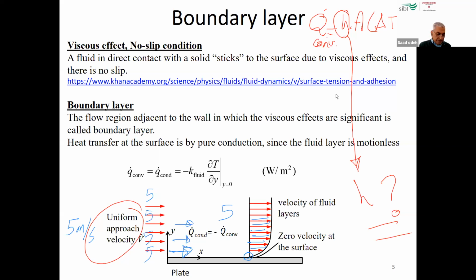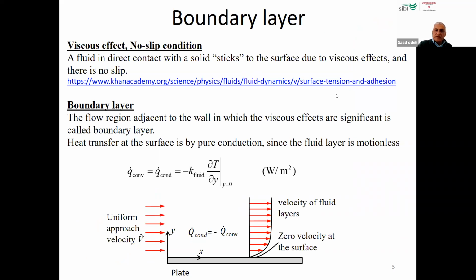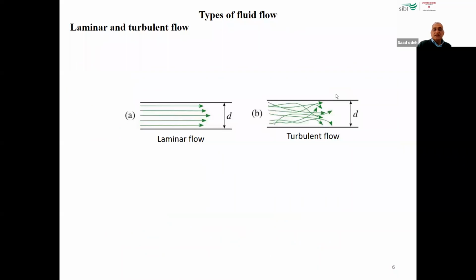So that's one thing affecting the heat transfer coefficient, one principle. The other one is that the boundary layer will create different types of flow, internal or external. For example, if I have a flow inside a pipe, there are two major types of flow.